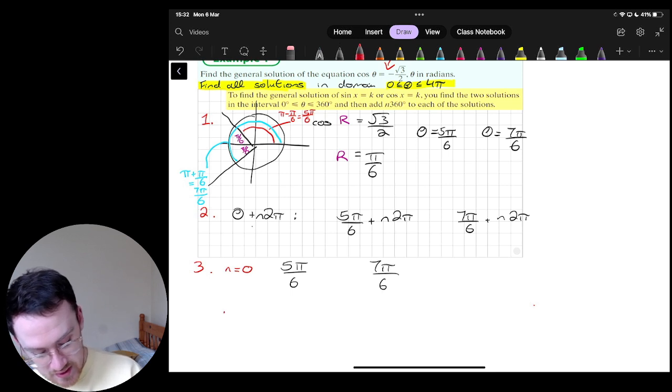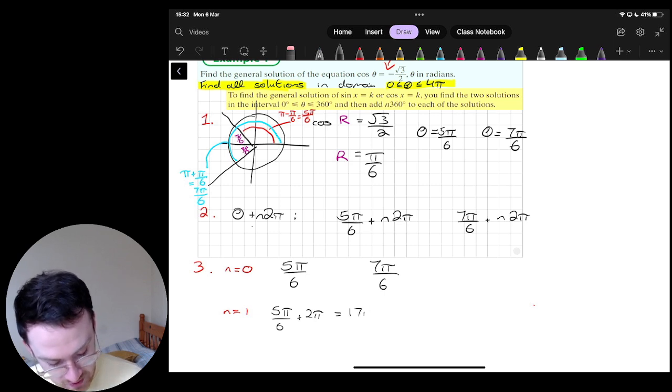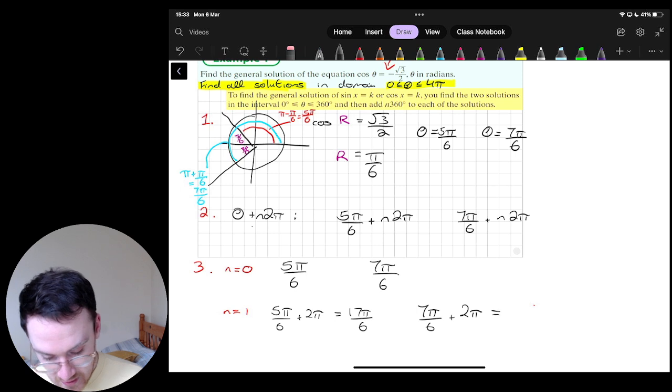If I say that n is equal to 1, I'm going to get 5 pi over 6 plus 2 pi, which gives me 17 pi over 6. And if I do 7 pi over 6 plus 2 pi, I get an answer of 19 pi over 6.